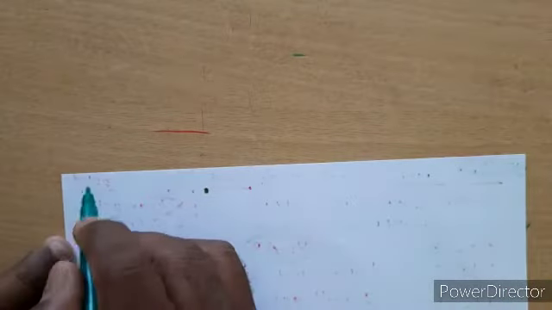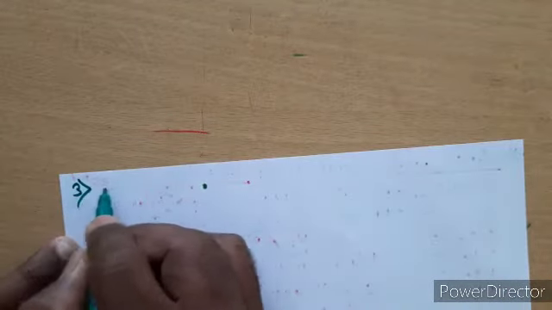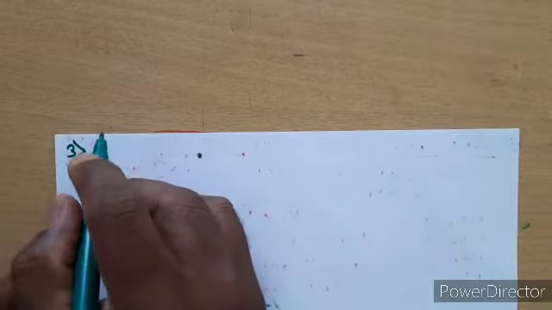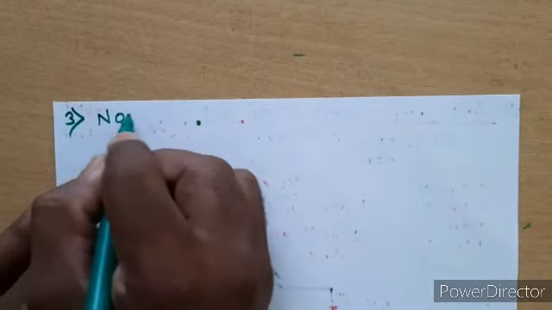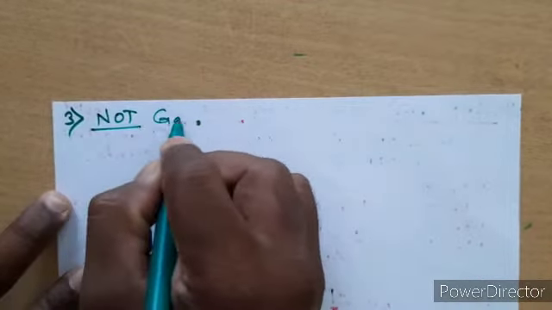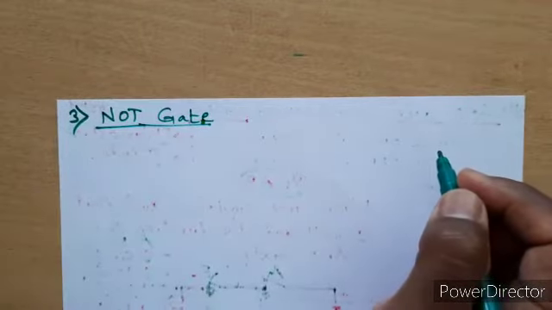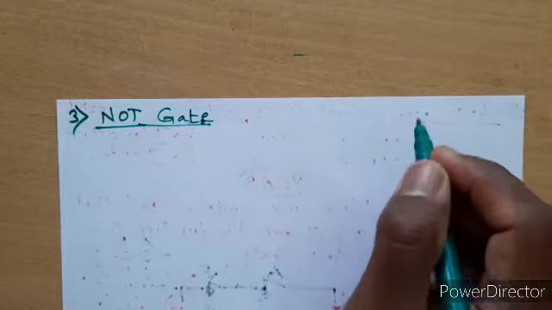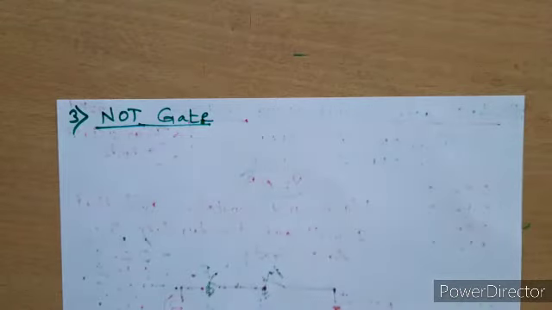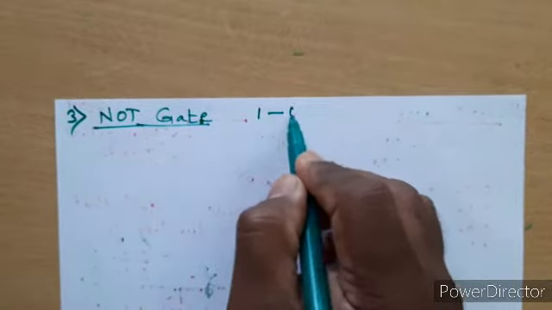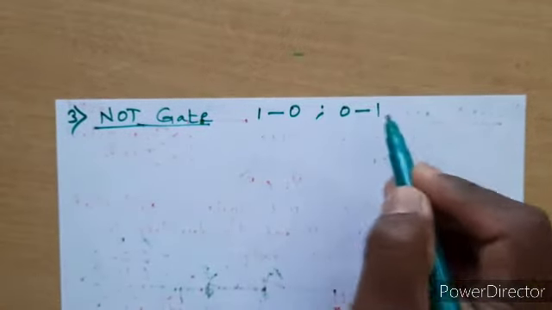I can very quickly cover the NOT gate. So the third basic gate is the NOT gate. We have seen 1's complement, where 1 becomes 0 and 0 becomes 1.